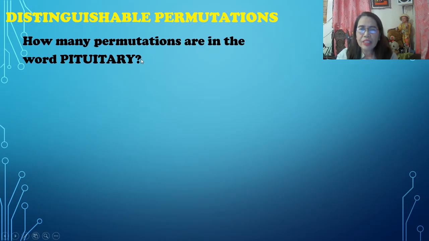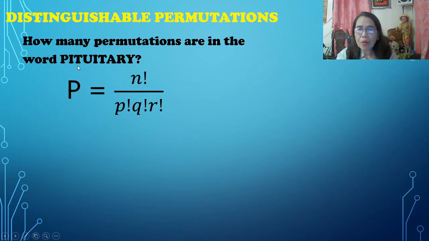So, that is one way to determine whether a problem is about distinguishable permutations. So, formula, P is equal to n factorial over p factorial q factorial times r factorial. So, itong denominator, it depends how many letters are repeated.